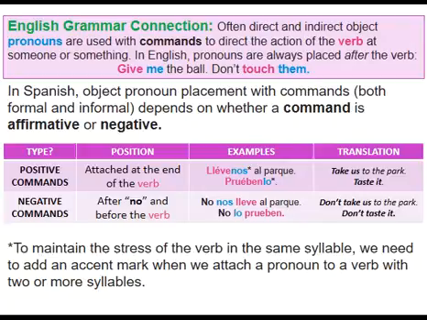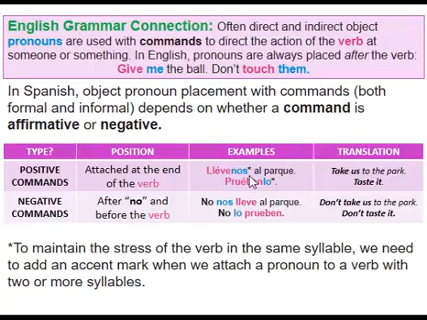So in between no and the verb. No nos lleve al parque. Don't take us to the park. No lo prueben. Don't taste it. See? In between no and the verb. Right?